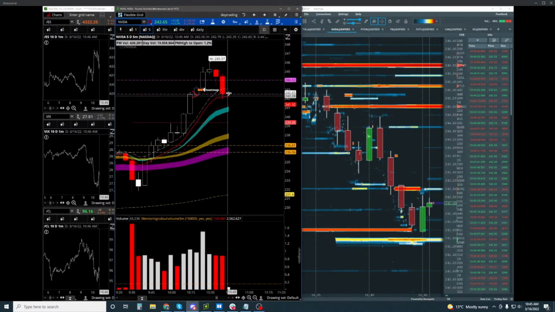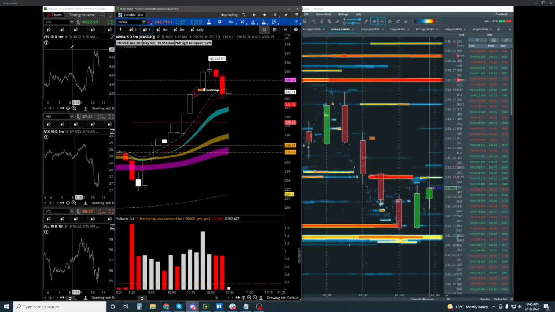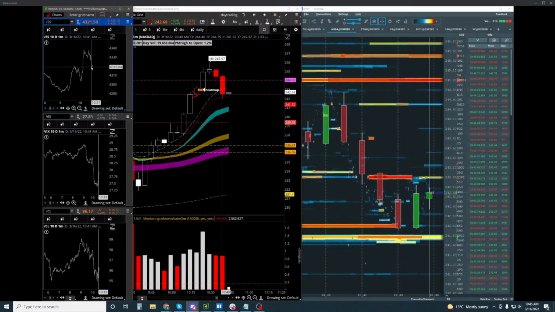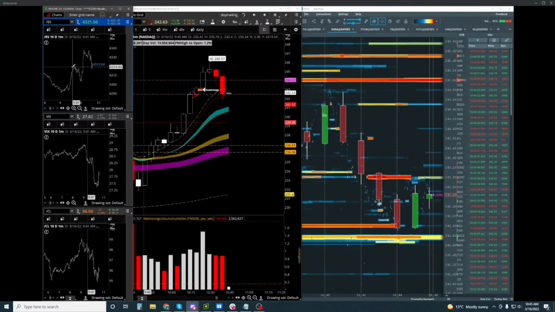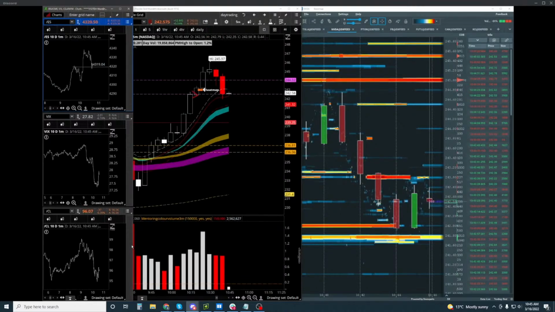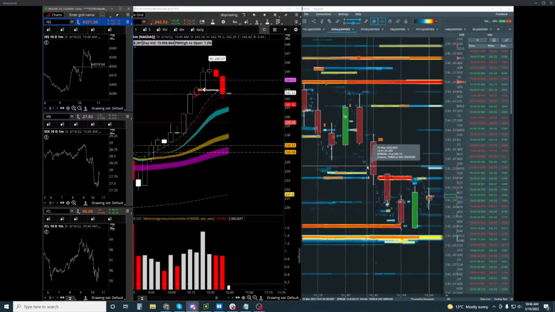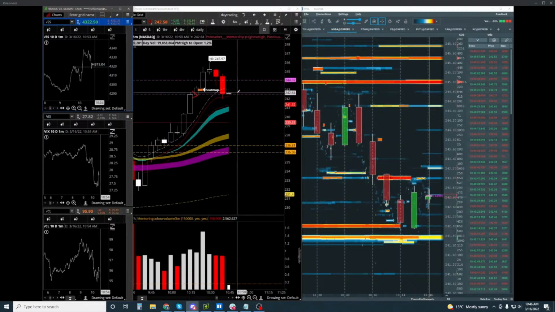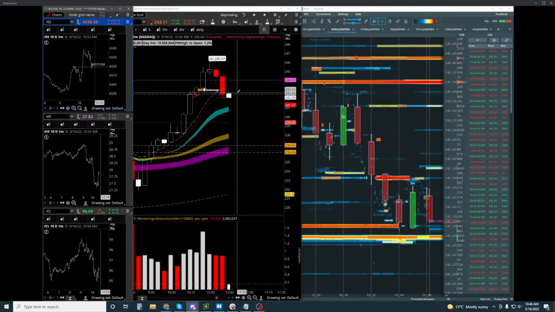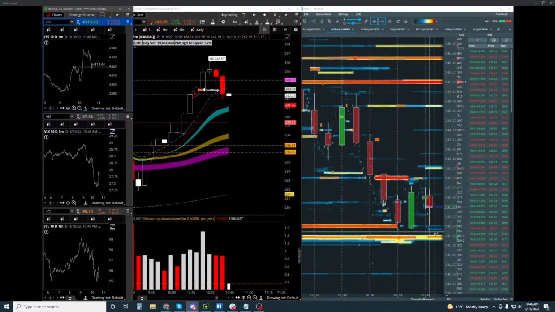We're still in a good uptrend. ES may bounce up, still holding this previous level of resistance, now becoming support. So you can see, traders, they're trying to hold this support at 242.